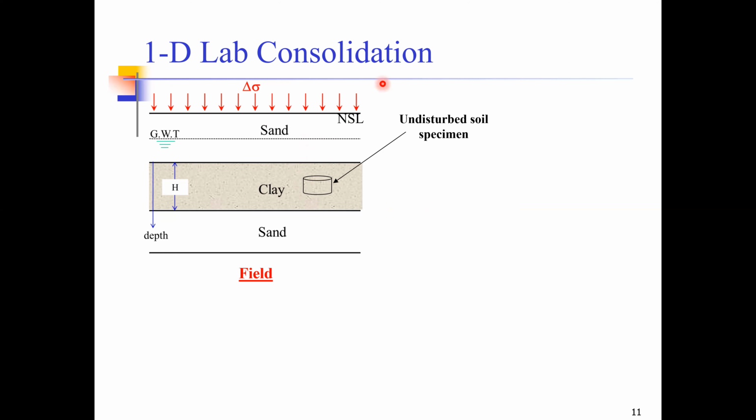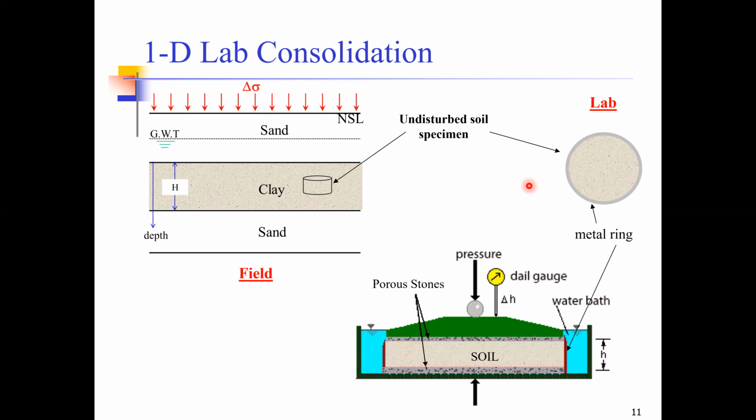So we take an undisturbed soil sample, and we fix this soil sample inside a metal ring. So this is the top view of the metal ring. Then we fix this metal ring inside a water-filled container. This is a cross-sectional view of a container which is filled with water, and these lines here and here are the sides or the edges of the metal ring.